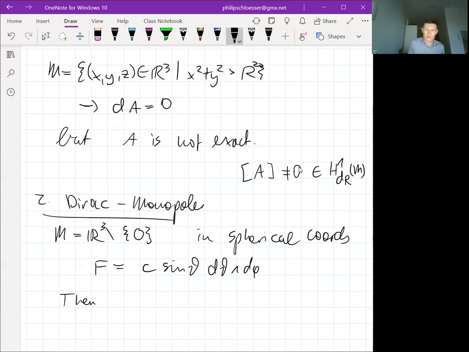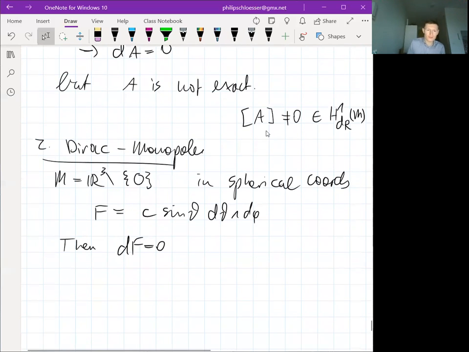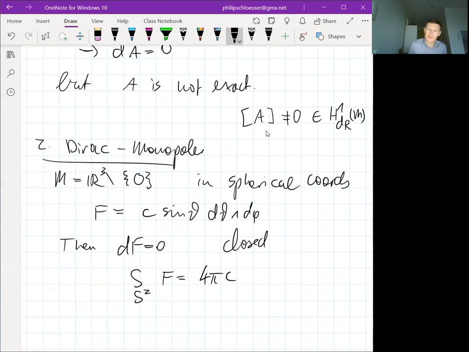Then dF is 0, just because this coefficient only depends on theta, but when we differentiate with respect to theta, we get a d theta, which annihilates the one we have there. So it's closed. But when we integrate over some sphere of some radius, we get that this is actually equal to 4 pi times C, which is not 0 in general. So F is generally not exact.